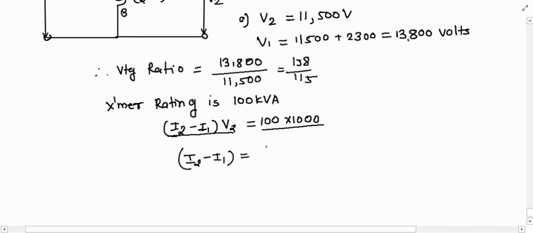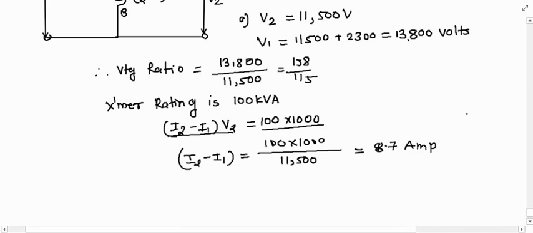What is your V2? V2 is 11,500. So my I2 minus I1, I will get as 8.7 ampere.